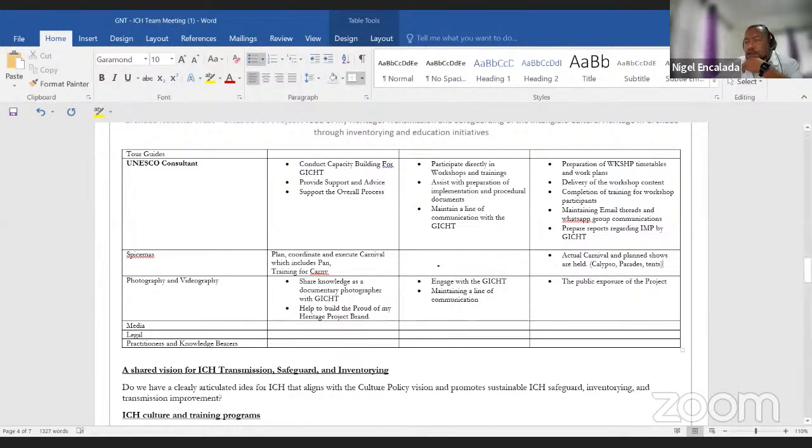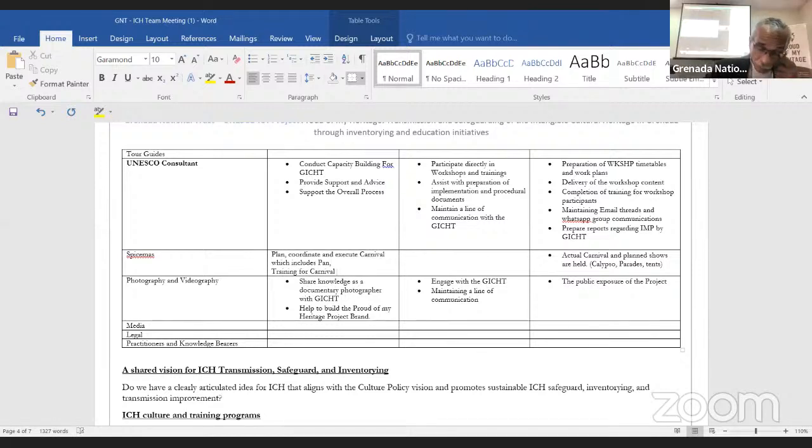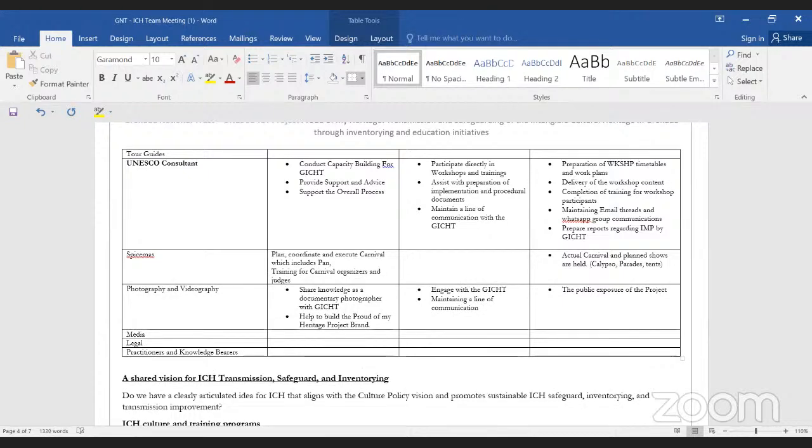Do you consider Carnival as a whole to be an ICH element? How do you understand Carnival? Most of the parts, for example, the traditional aspect specifically. So we look at our traditional mass and also the tents, the history of the Calypso tents. Yeah, the costume making, the wire bending, all of this.